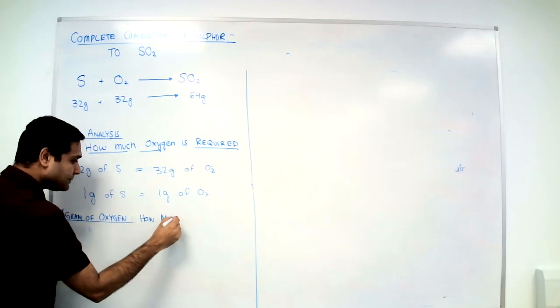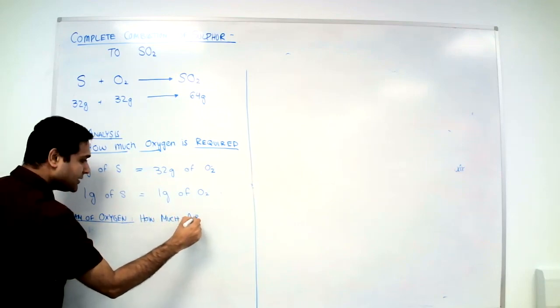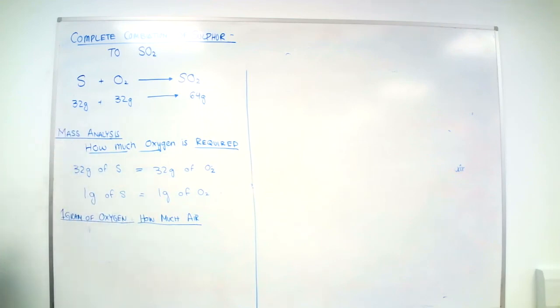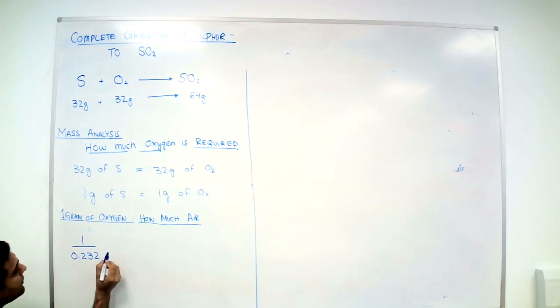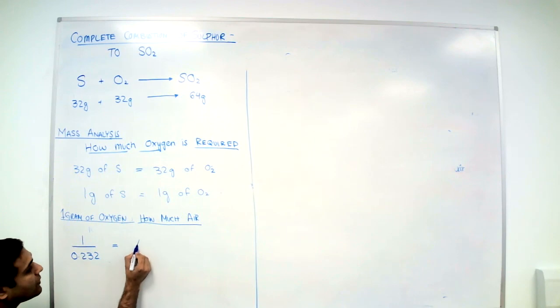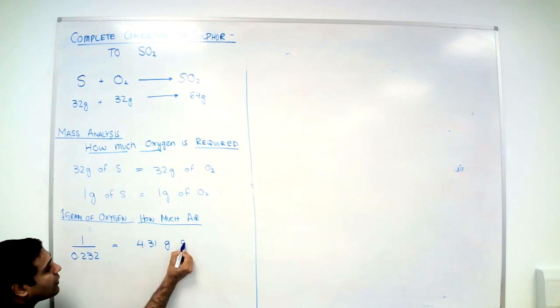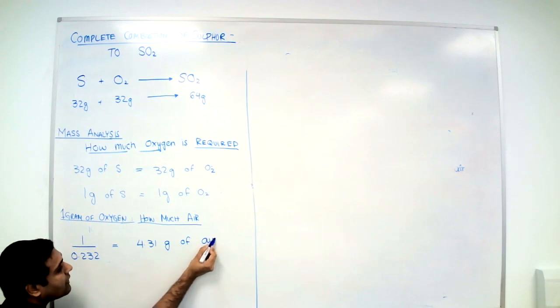how much air is required? So you do 1 divided by 0.232. That will give you 4.31 gram of air.